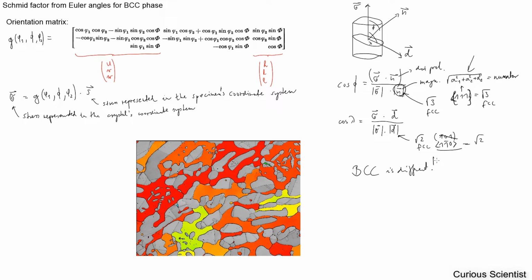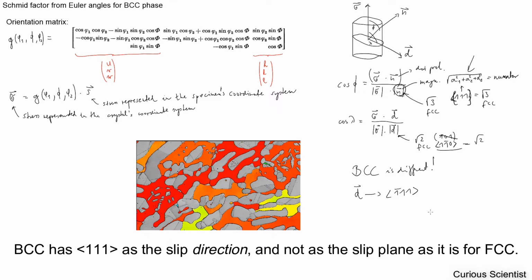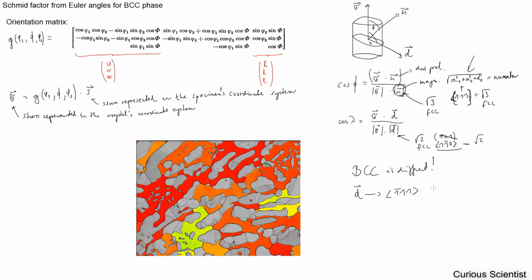The funny fact is that in BCC the 111 type is the slip direction, not the plane like in the case of FCC, because FCC has the close-packed plane, but in BCC you cannot really talk about a close-packed plane.